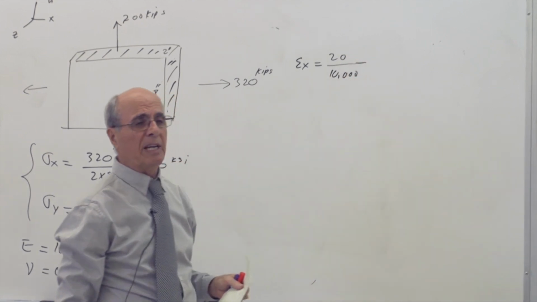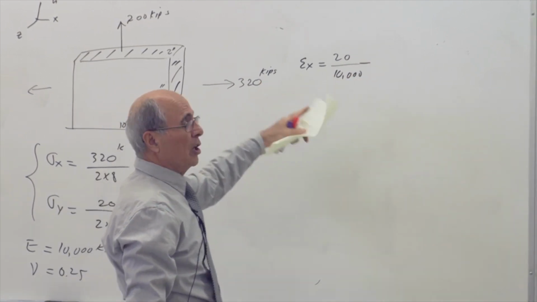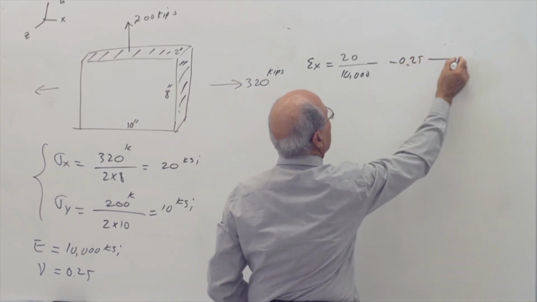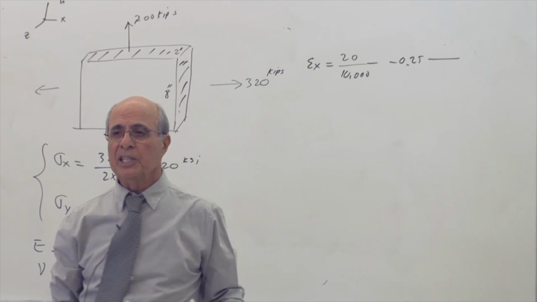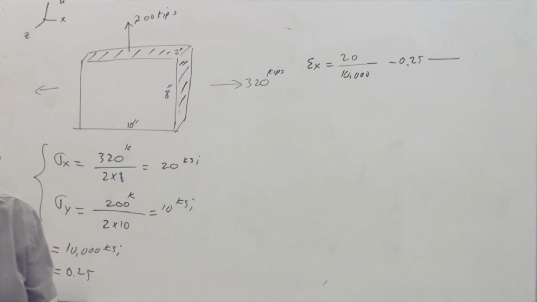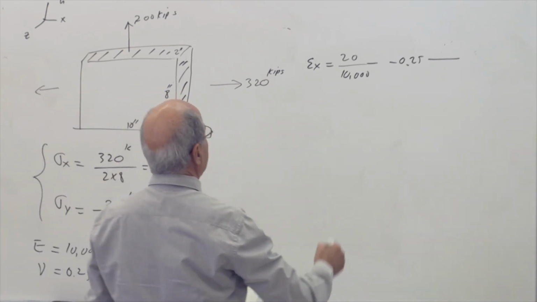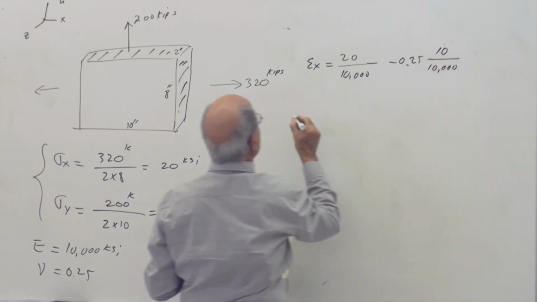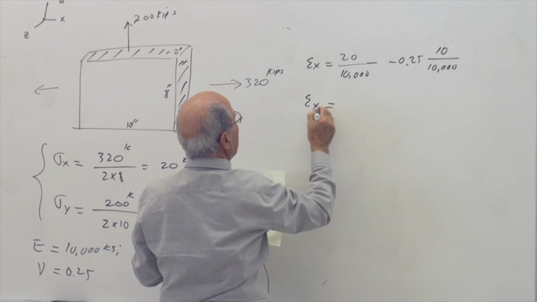So epsilon x is 20 divided by 10,000 KSI. Epsilon doesn't have a unit, so KSI over KSI, minus 0.25 sigma y over E. Sigma y is 10 divided by 10,000. So what happened here?